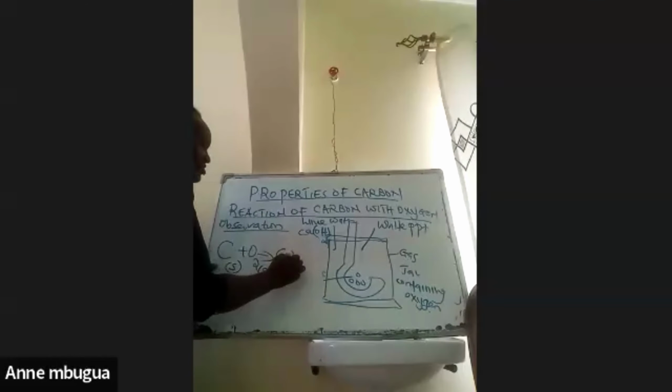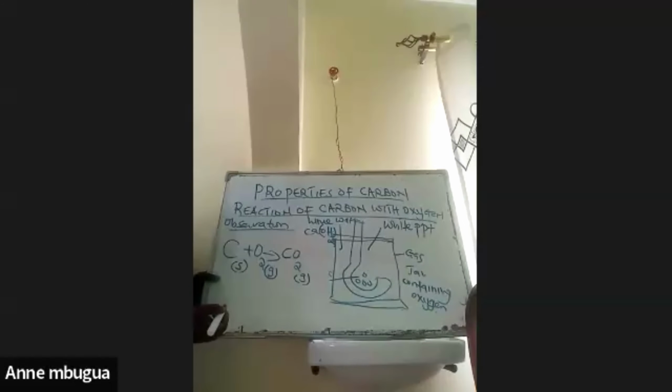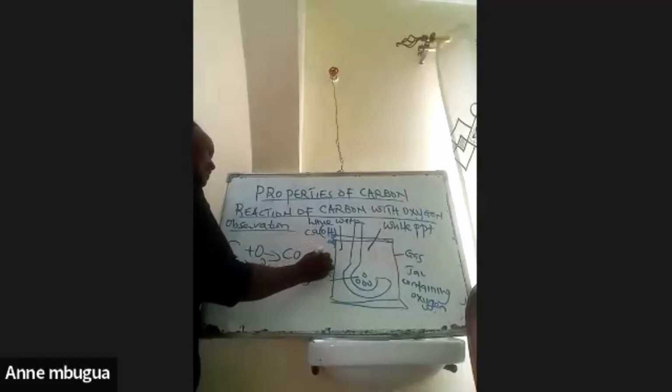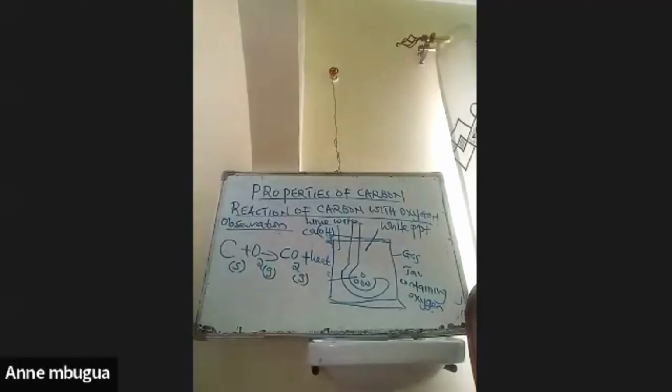So it undergoes complete combustion, leading to the formation of carbon(IV) oxide. And you see that the reaction is exothermic. Heat is being evolved, so we add plus heat there.